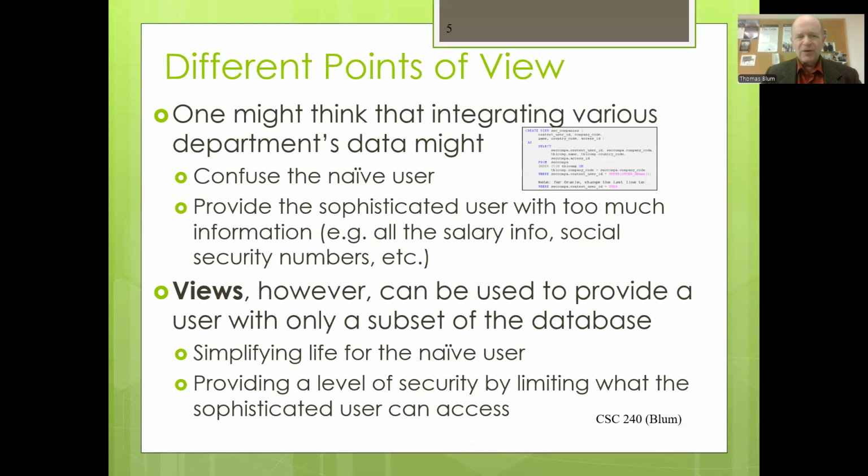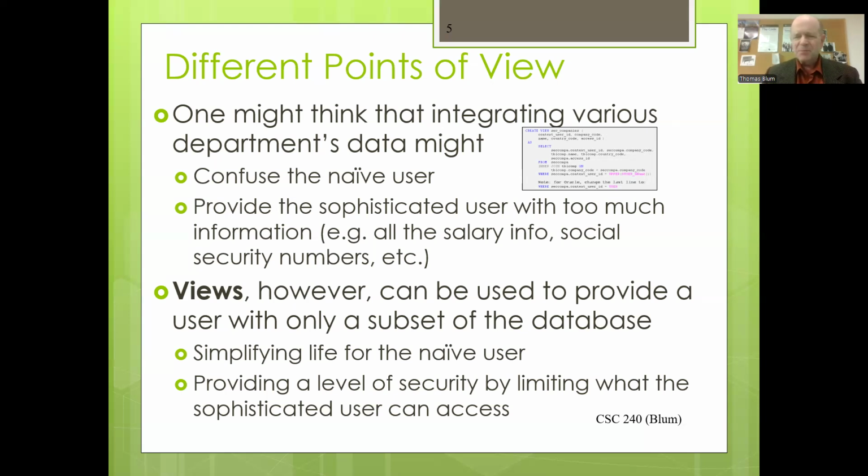One thing that's important in making a decision to have a database, if you didn't have one, is that you're bringing your data together. In pros and cons, a con might be that you're making it more complicated for a naive user, or you might be giving your sophisticated user more access to things that they ought not have, like salary information, social security numbers, what have you.